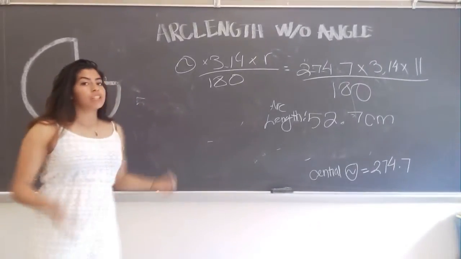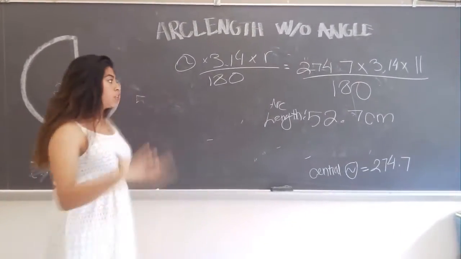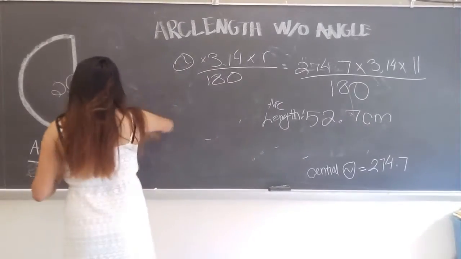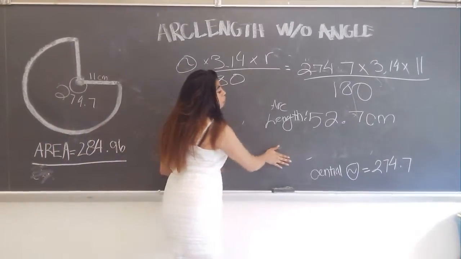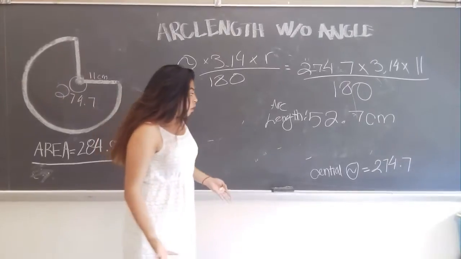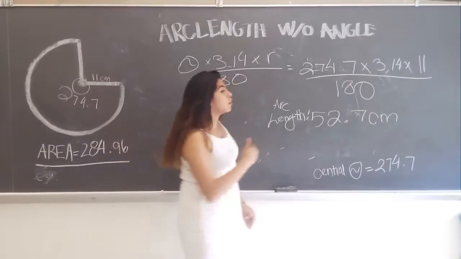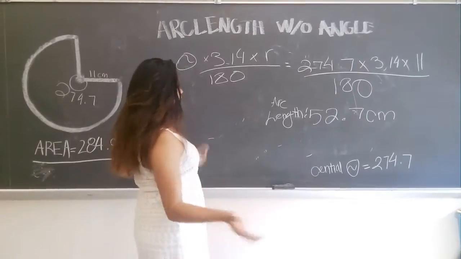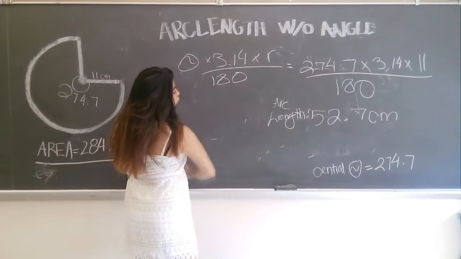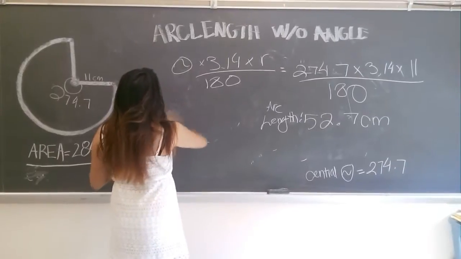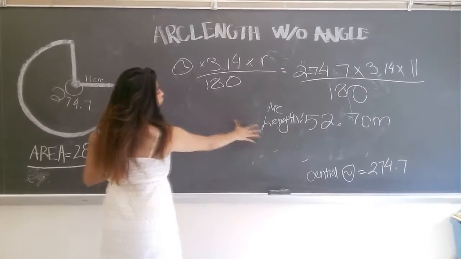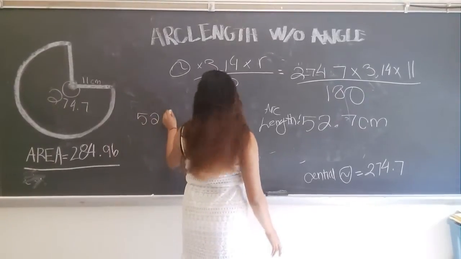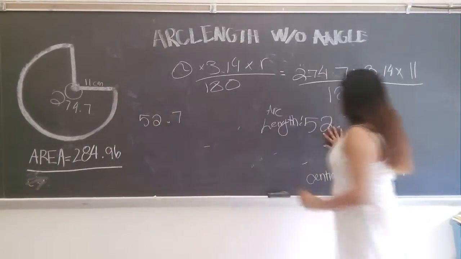So, to check your work and make sure that everything is accurate and everything is in place, since we already found the arc length, but you're not really sure if it's right or wrong, we can always flip-flop it to just make sure that everything is in place. So, start by the arc length, which is 52.7, which is what you got.